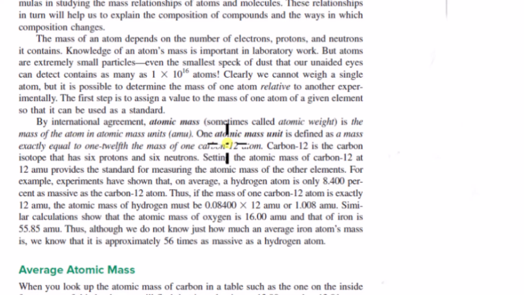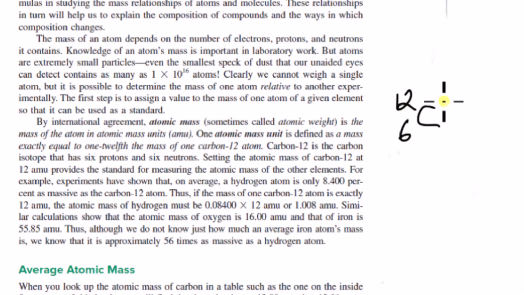We use what's called atomic mass units, AMU, and the atomic mass unit is not defined relative to the hydrogen isotope with mass number 1. It's defined to be the mass that is exactly equal to 1/12 the mass of a carbon-12 atom. There are different isotopes of carbon, but you have the isotope that has mass number 12, 6 protons and 6 neutrons in the nucleus.